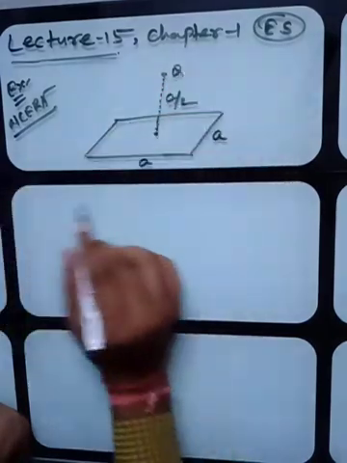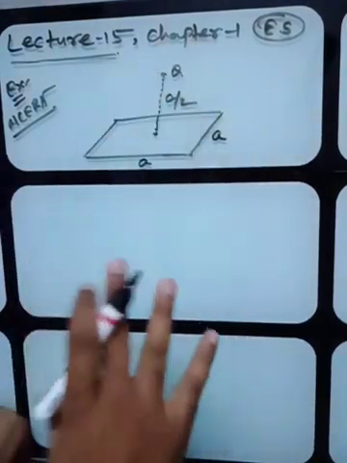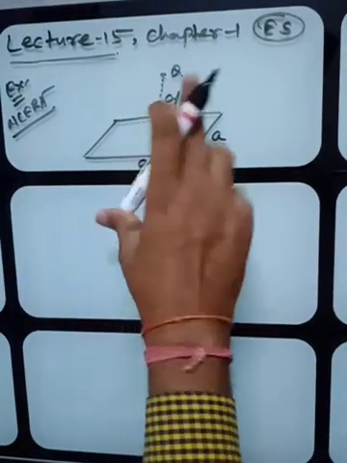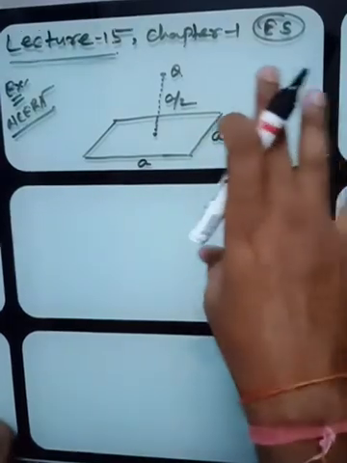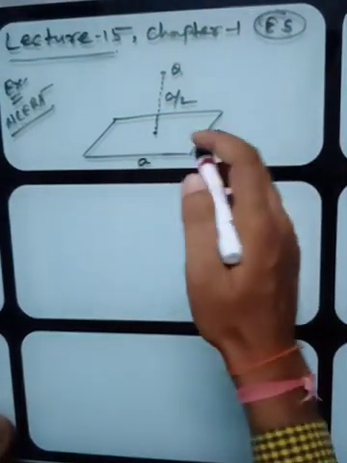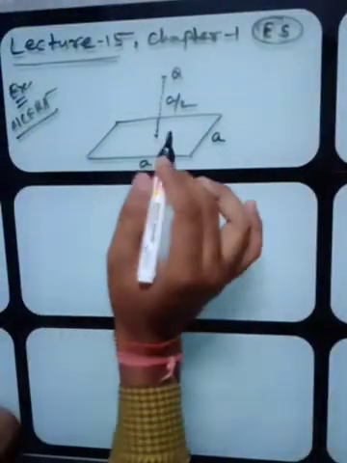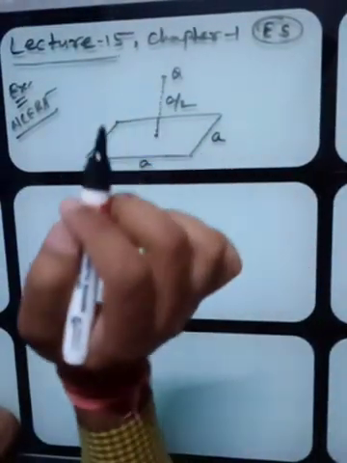Remember, in NCERT the values are given. The side is 10 centimeter, and this charge is 10 picocoulomb or 5 picocoulomb, whatever. And you have to find the flux by this square plate.